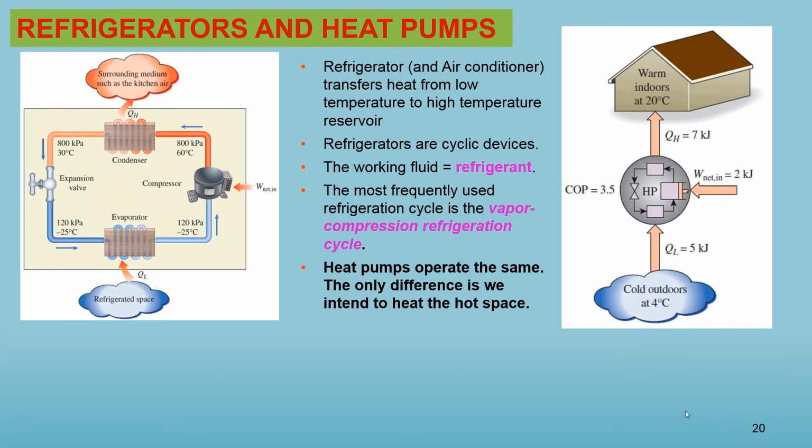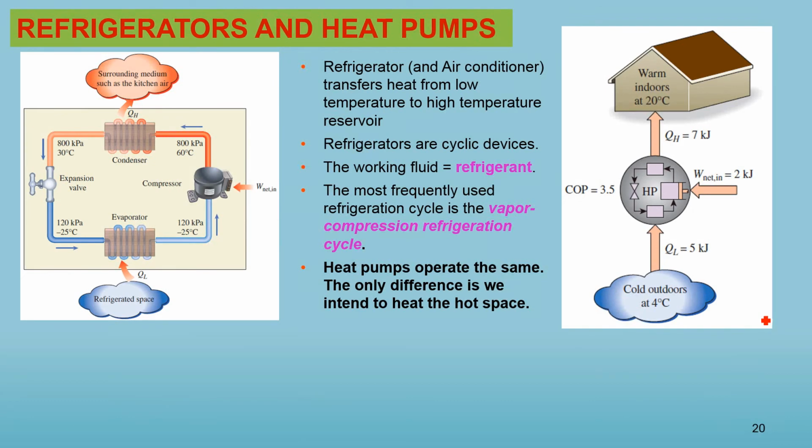A refrigerator is a device that takes heat from a cold space and rejects it into the warm space. While doing that, it normally consumes a net amount of work. A heat pump is very similar to a refrigerator.